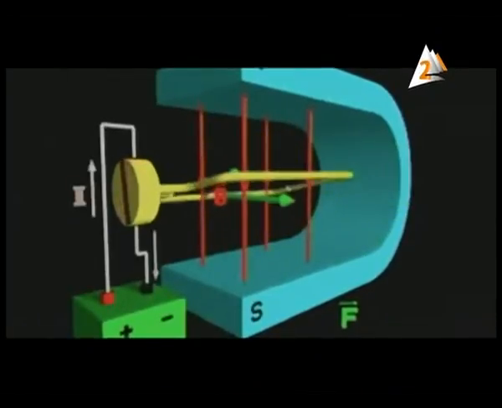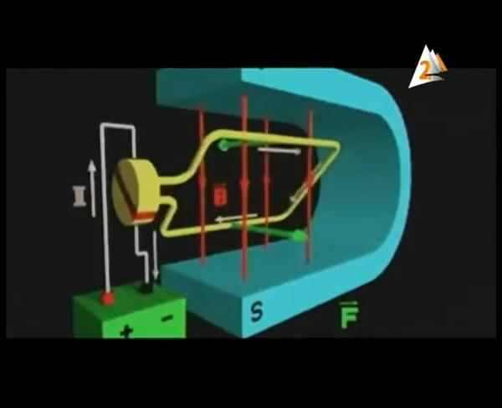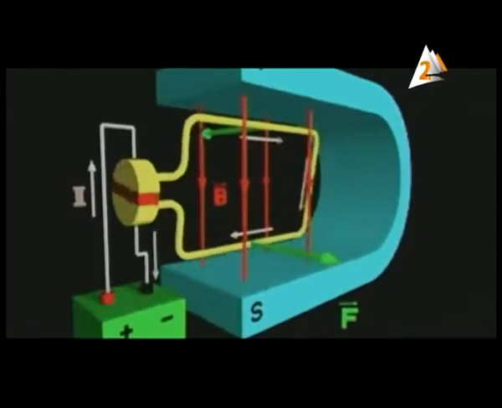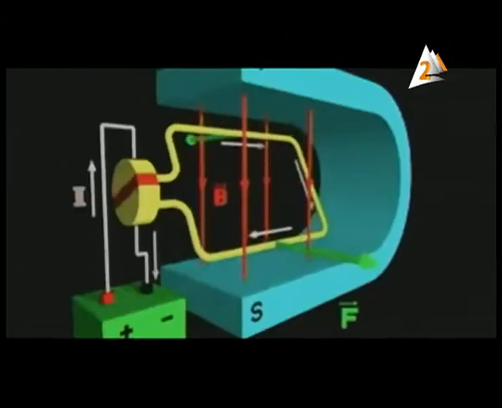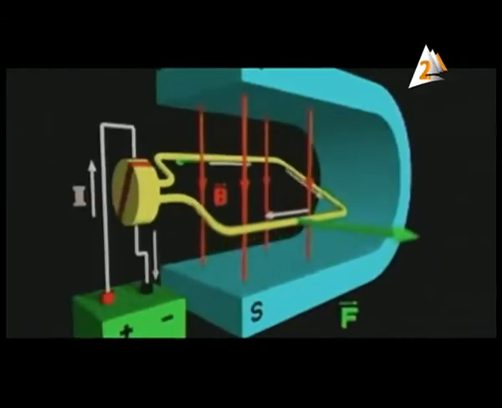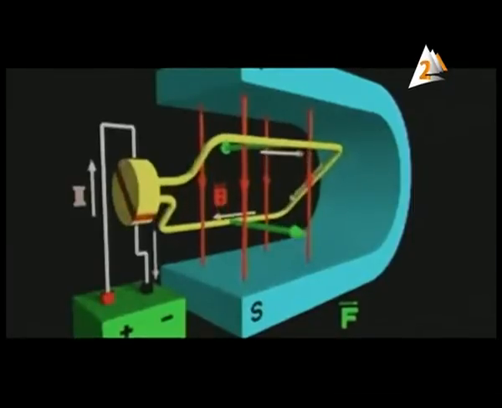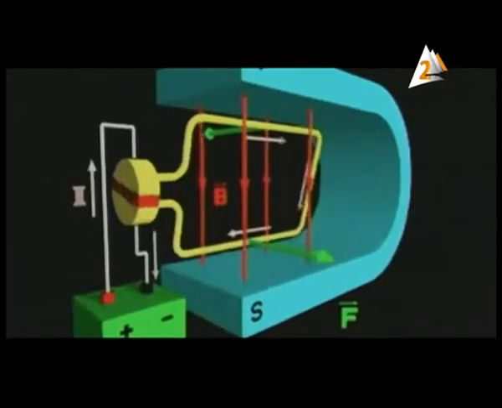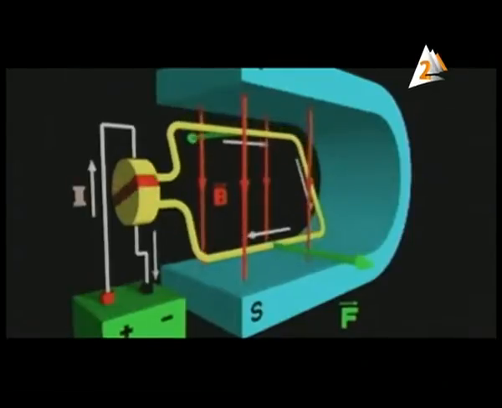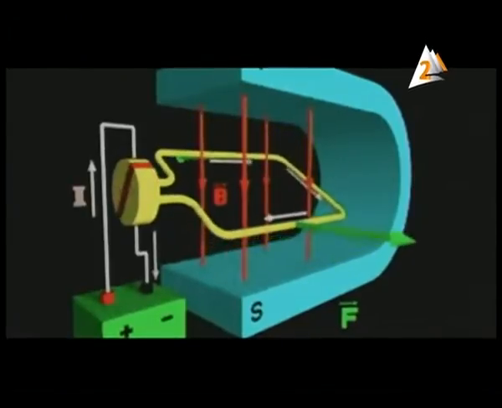As the coil rotates, the torque decreases till it becomes 0 in the vertical position. And when the coil just passes the vertical position, the two halves of the commutator switch over and the current reverses, so the coil rotates in just one direction.